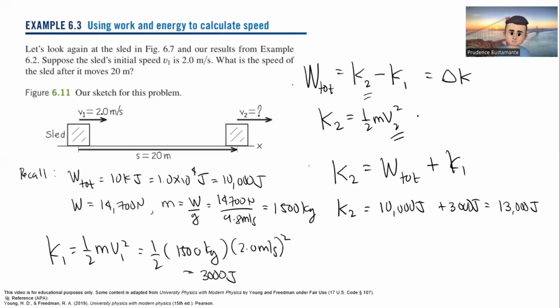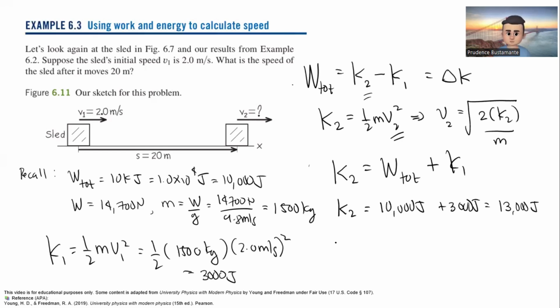From this equation also, it follows that V2 is just equal to the square root of 2 times K2 over M. Okay.